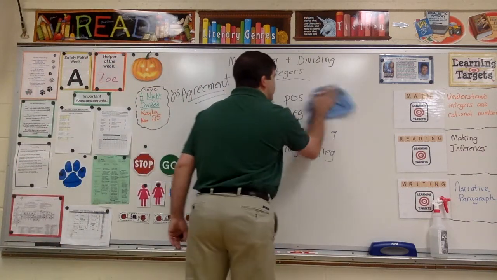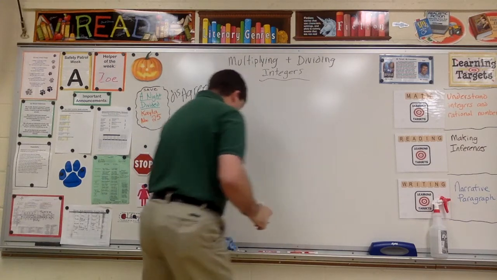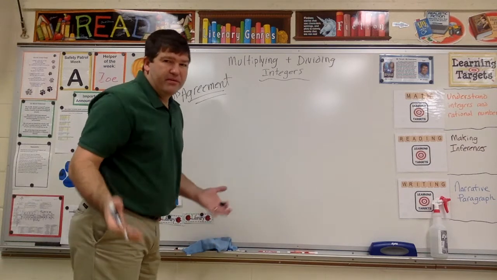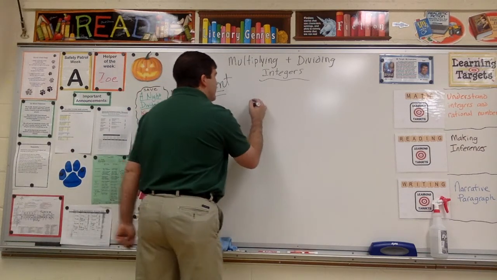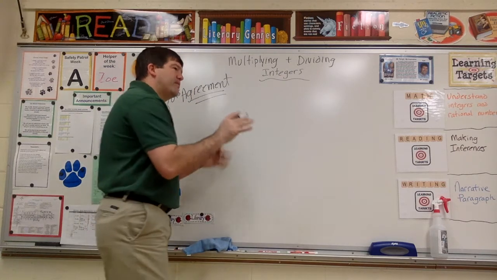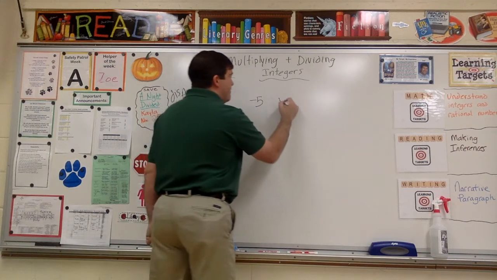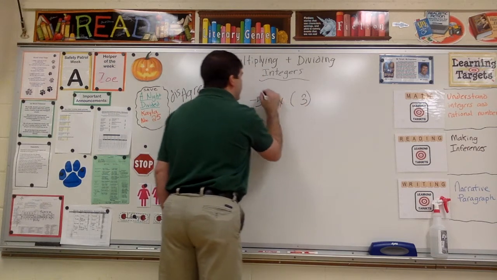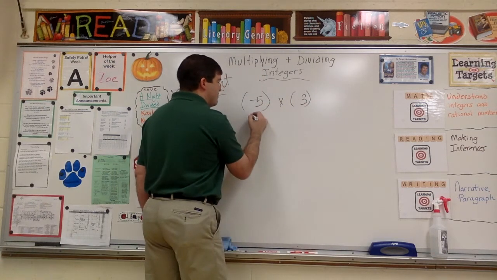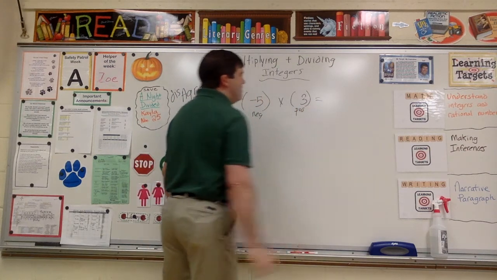So let's do some of these. Of course, the most basic is what we've been doing since third grade. Oh no, these are different. Okay, that would be if they're the same. Say I have negative 5 times positive 3. This one is negative. This one is positive. They do not agree.